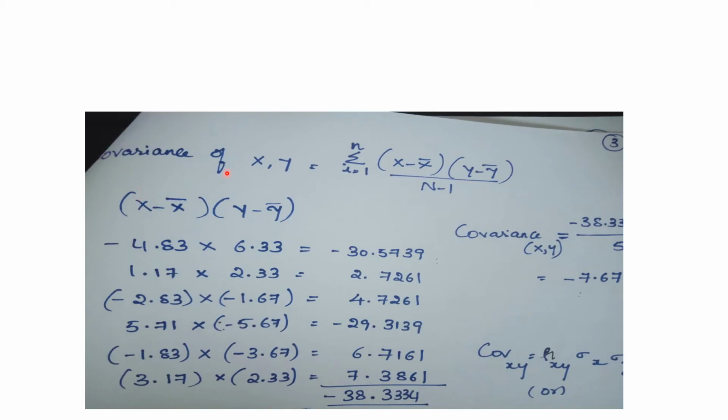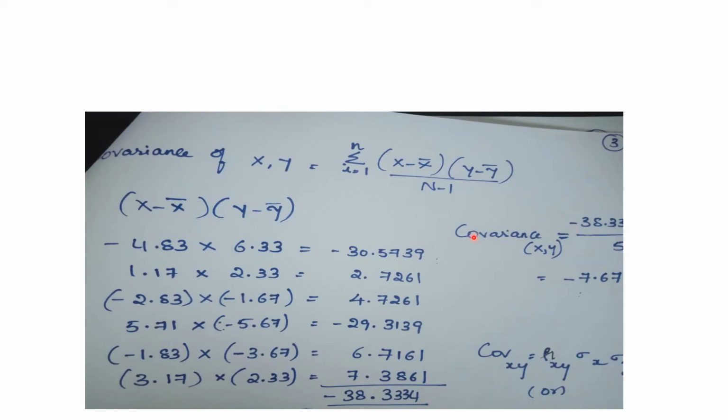Then finding the covariance of xy, the formula is summation x minus x bar into y minus y bar upon n minus 1. So already we have taken the values of x minus x bar and y minus y bar. By substituting the values here, for different securities we are going to get these values, and the total will become minus 38.3334.